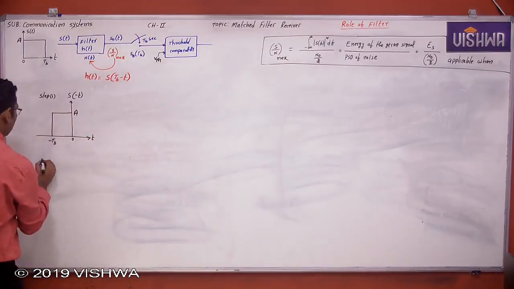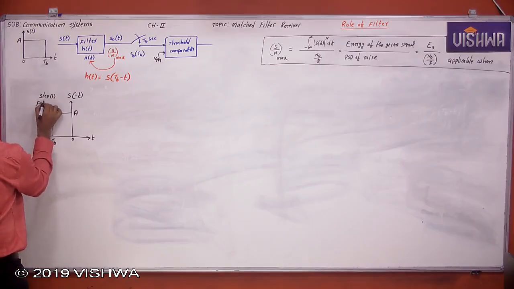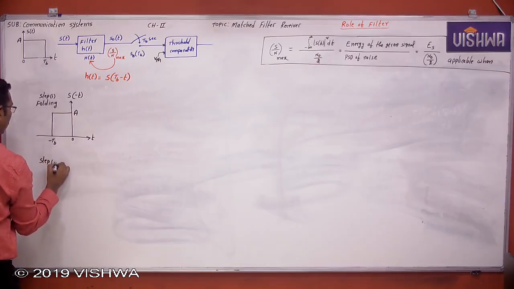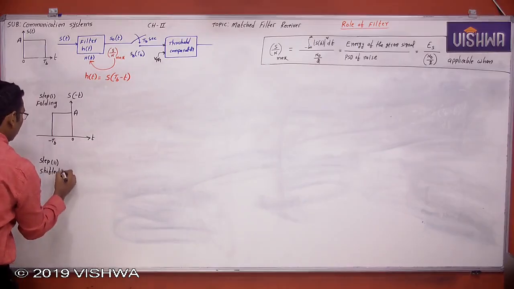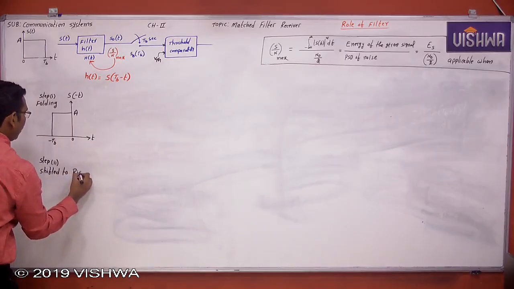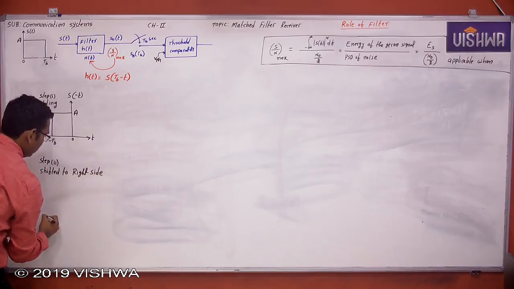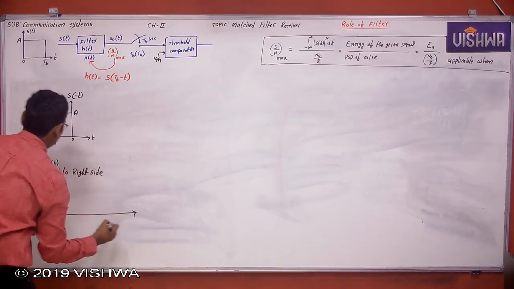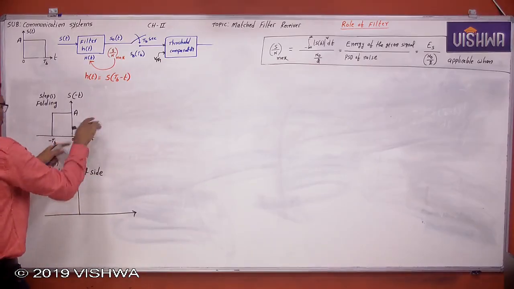Now step two: after folding that signal, you just shift it to the right side.